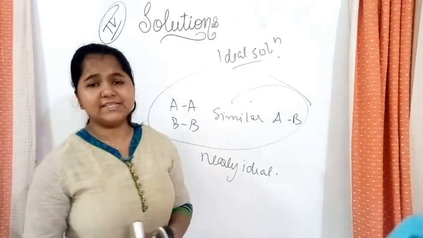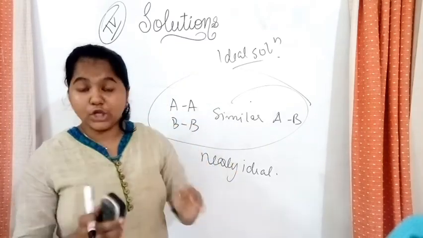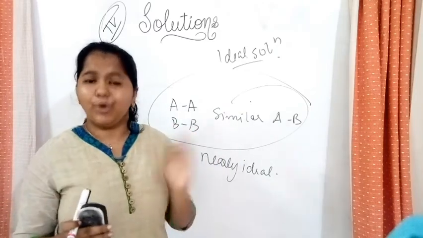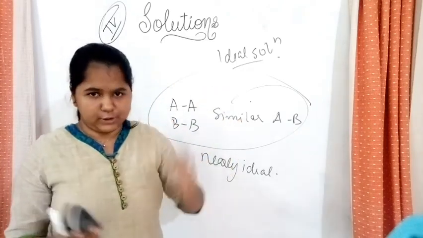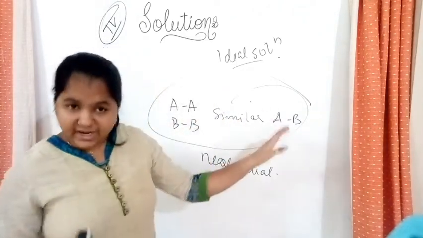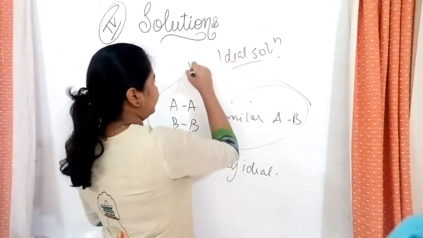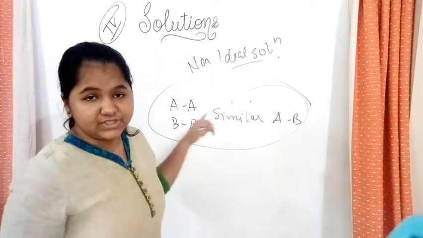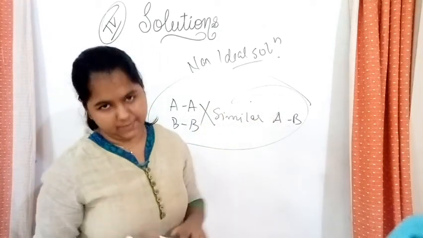For non-ideal solutions, I said they are solutions that do not obey Raoult's law at all ranges of concentrations. So what does that mean? They deviate from Raoult's law. To talk about their interactions, now I'll write the case of non-ideal: AA interactions and BB interactions are not similar to AB interactions.